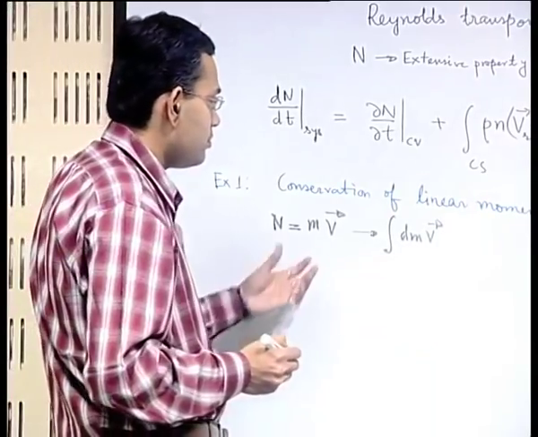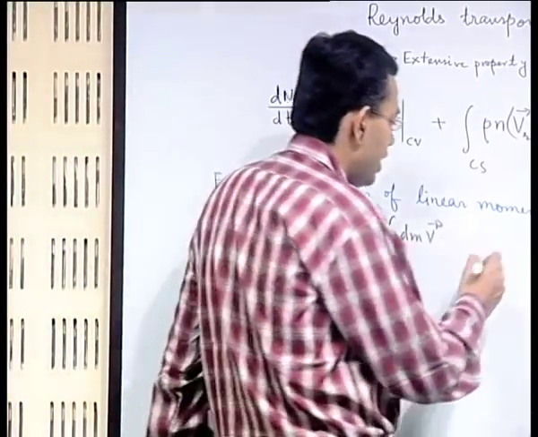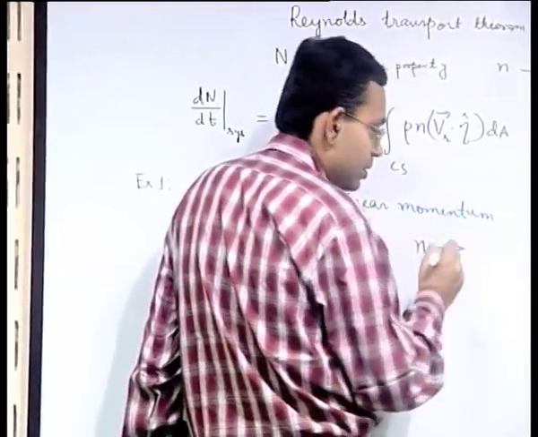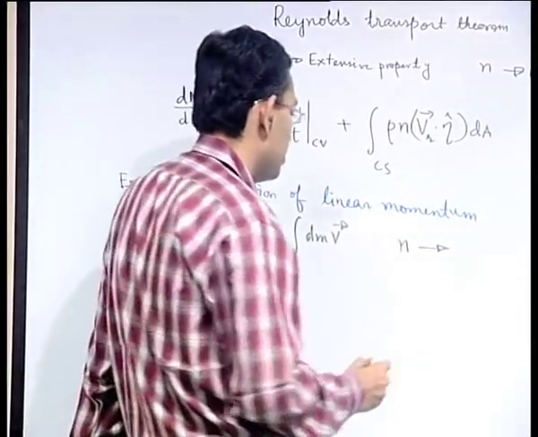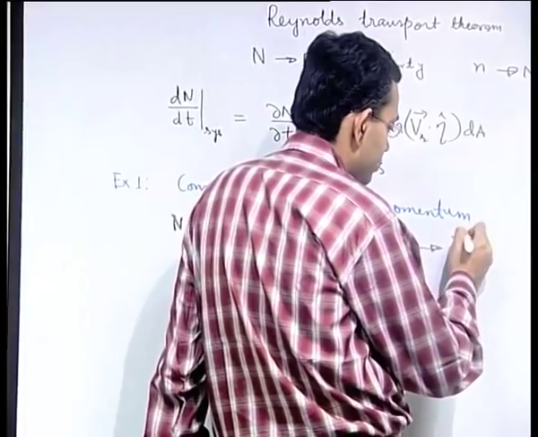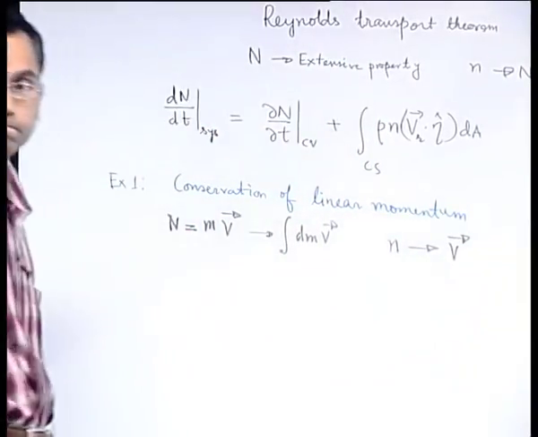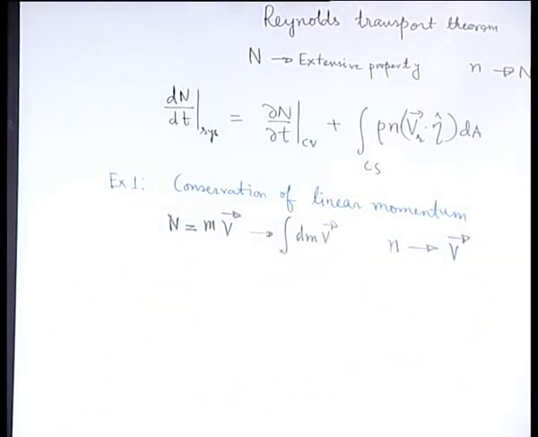Now, what is the small n? This is per unit mass, so that is equal to v. Now let us apply the Reynolds transport theorem for this particular case.